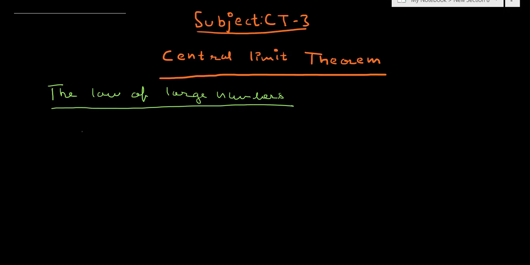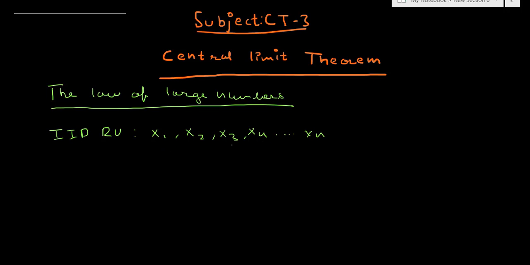Okay, so what the central limit theorem says is that if I have a bunch of independent and identically distributed random variables, say I have got IIDs x1, x2, x3, x4 up till xn.